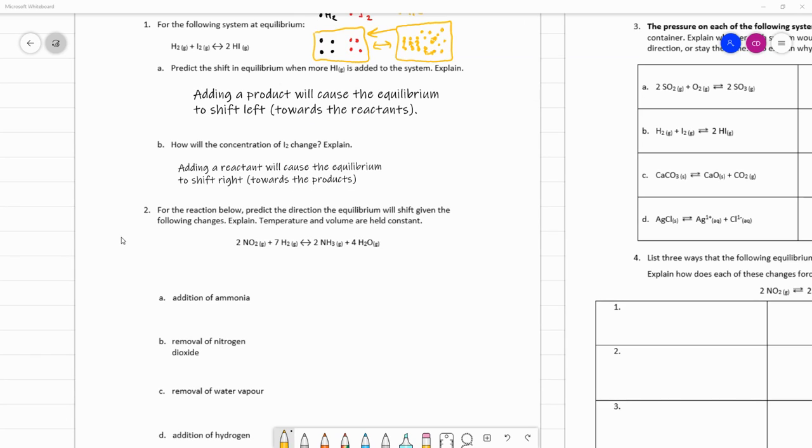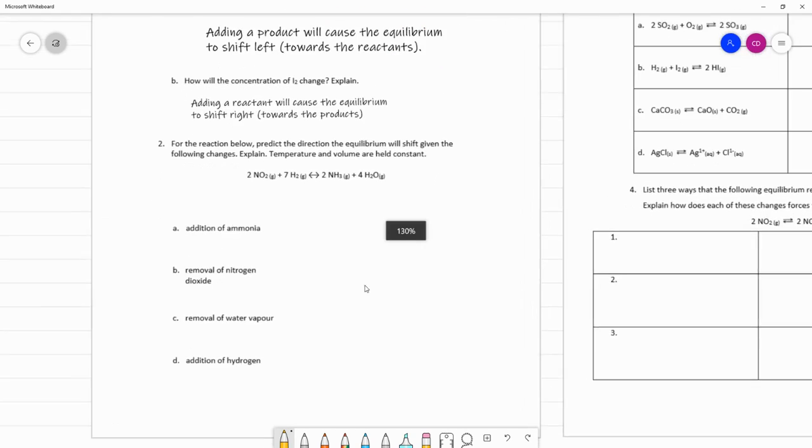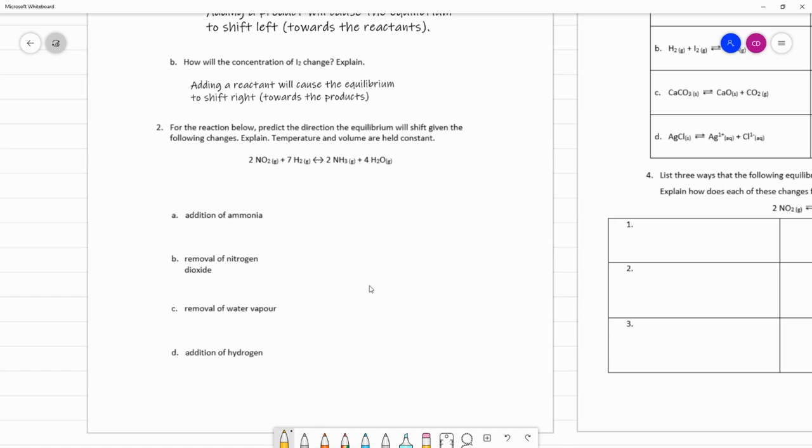Let's move on to number 2. So we are told for the reaction below, predict the direction the equilibrium will shift given the following changes. So there's 4 changes that are happening in this particular reaction we're asked to explain. We are told that the temperature and the volume are held constant. So this is just going to be changes in concentration.